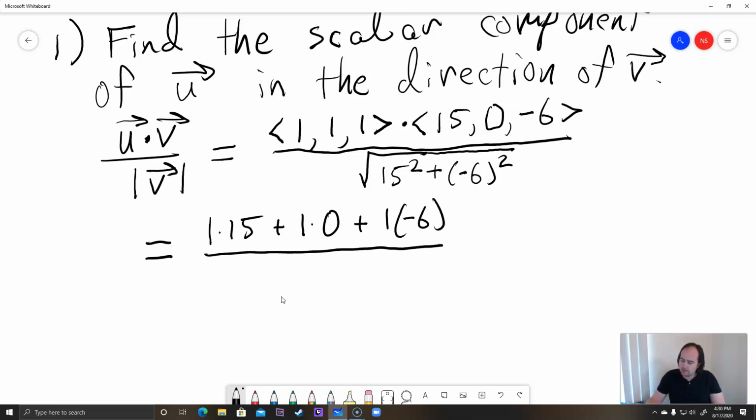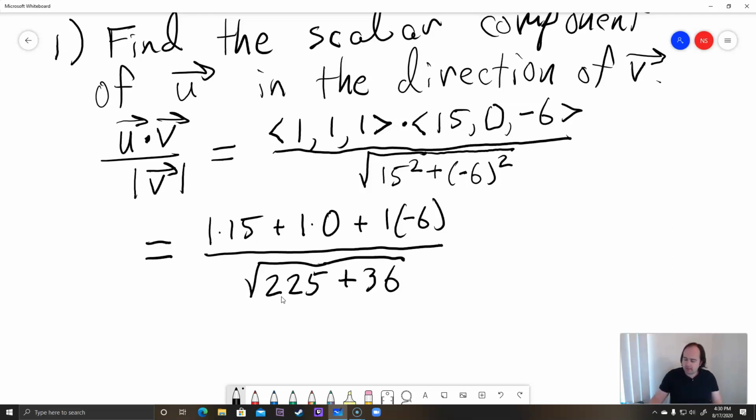All over the square root of, well, 15 squared is 225. If you don't remember that, you can use a calculator. And then negative 6 quantity squared is going to give us positive 36. So under the square root on the bottom, you should have 225 plus 36.